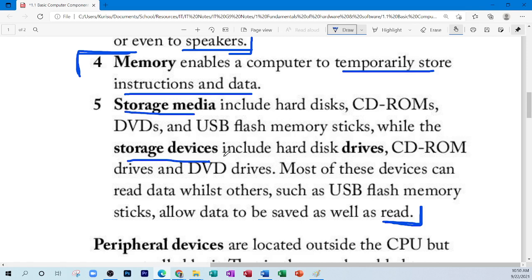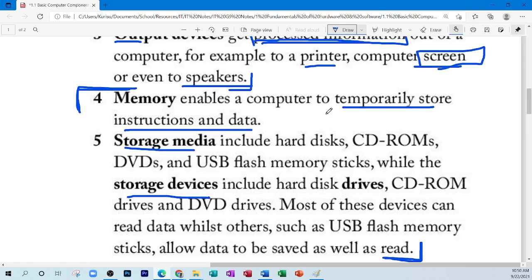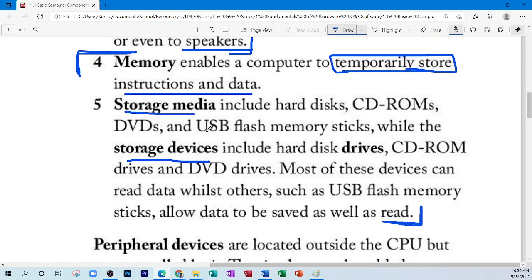So our fourth category of hardware is the memory that is inside of a computer. This memory is a form of storage. We have the storage media, but memory has its own category because this type of storage is temporary, whereas our storage media is going to be permanent.